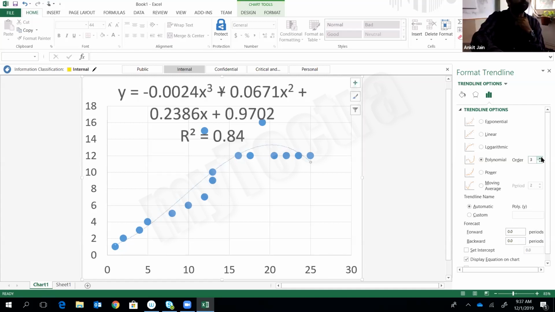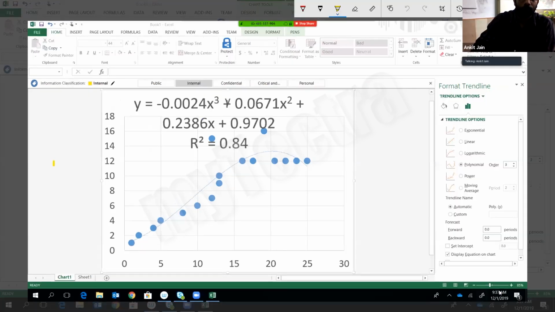Where are you changing this? Here in order, you see. Here on the side, there is an order option, and polynomial is available. So what exactly is order doing?